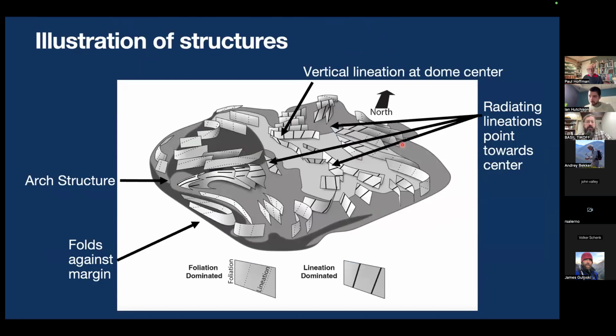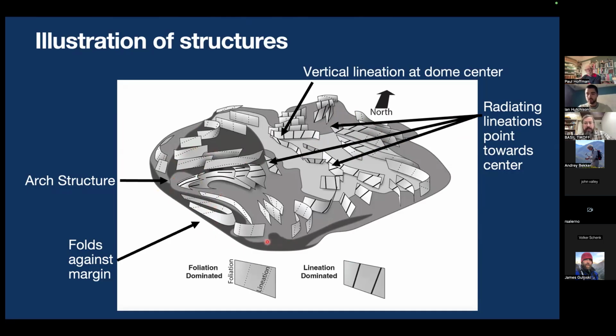Sort of show this more broadly. We just talked about the vertical lineations. You get radiating lineations that are pointing into the center, which really means it's moving out from the center. And then you have this weird arch shape.